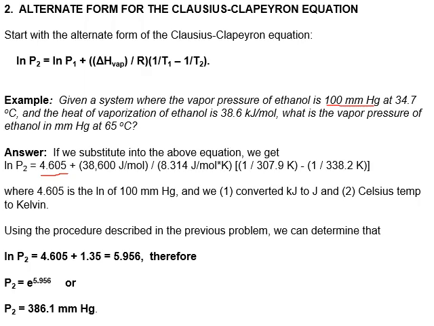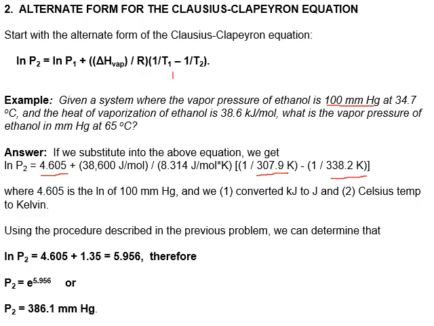And then T1 is going to be whatever you get when you add 34.7 to 273, which is going to be 307.9. And then T2 is going to be whatever you get when you add 65 to 273, which is this number right here.